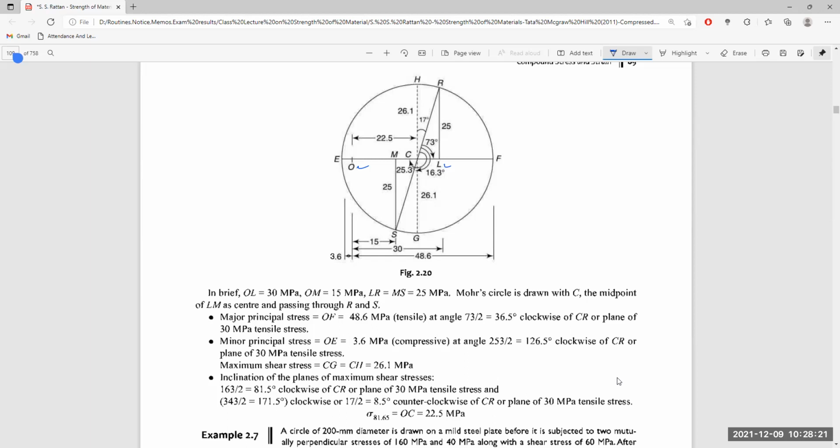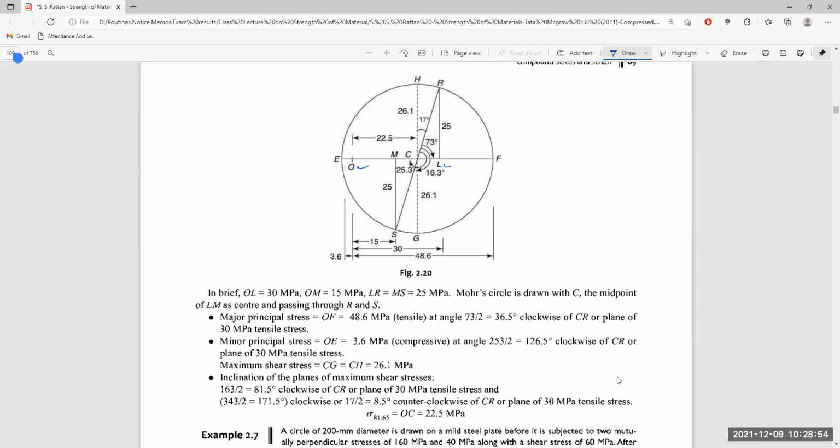Then the Mohr circle is drawn with center C and with diameter LS or LM, radius CR or CL. Major principal stress OF is 28.8 MPa at an angle 73.2 clockwise of CR, on the plane of 30 MPa tensile stress.